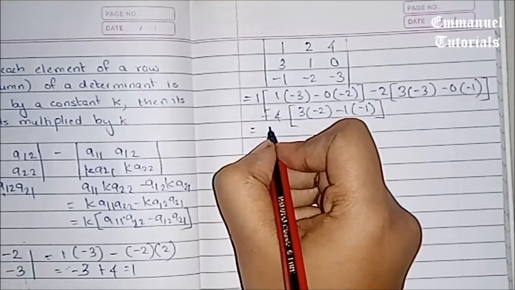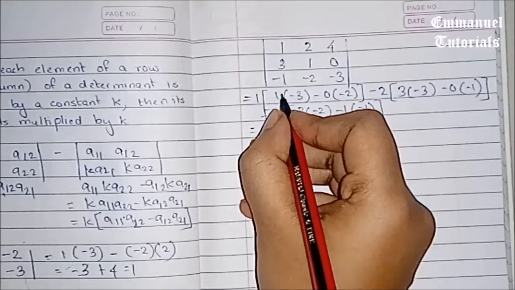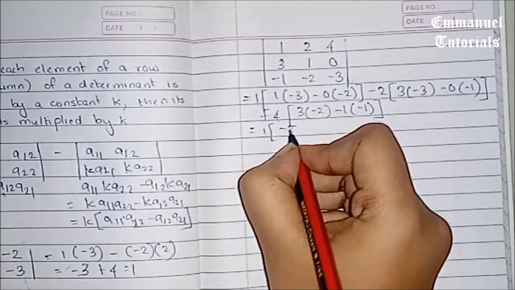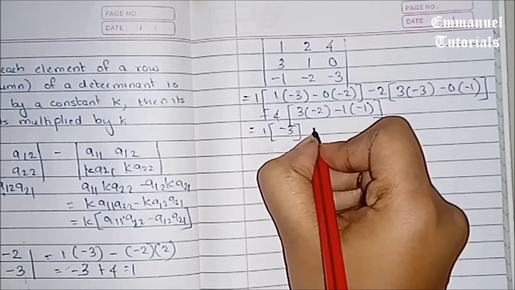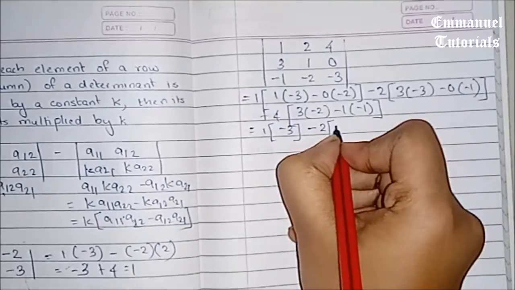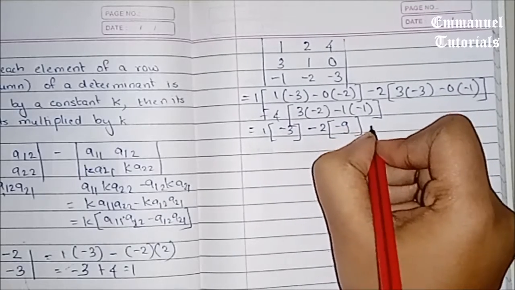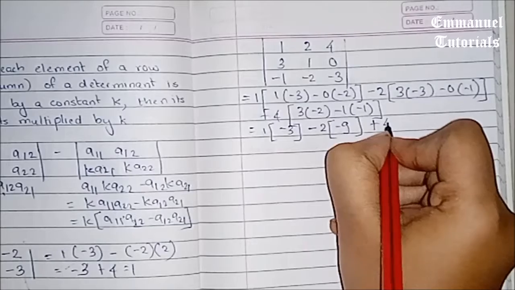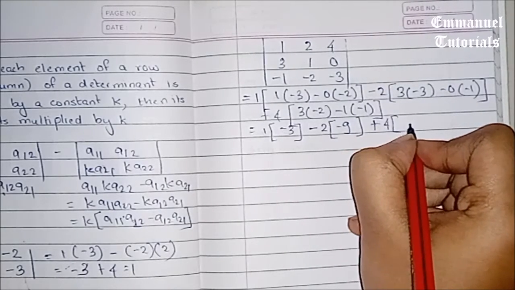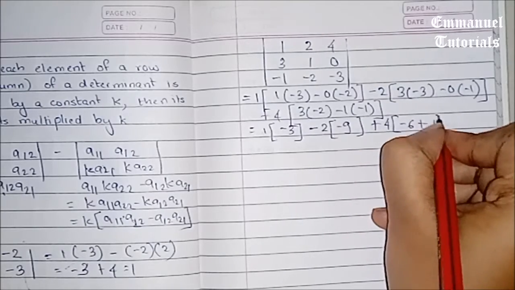This is going to be equal to 1 into minus 3, and minus 0 we are not considering. Minus 2, 3 into minus 3 is minus 9, minus 0 again, plus 4, 3 into minus 2 is minus 6, plus 1.